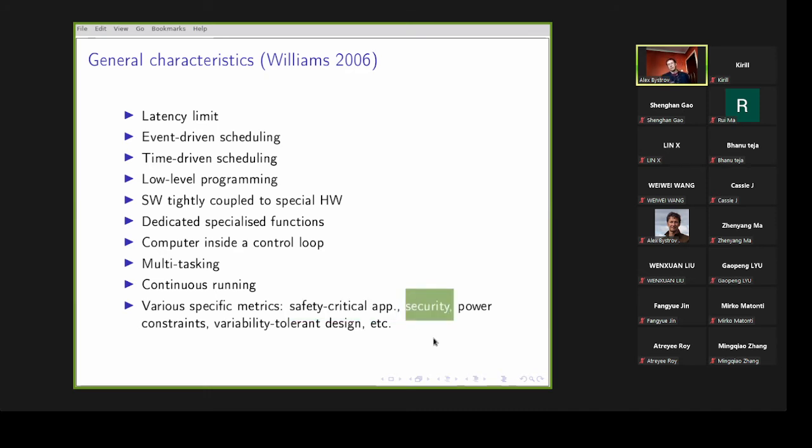Security: as you have, for example, on your mobile phone or computer, HTTPS everywhere, secure protocols, and you have a credit card, bank card, so security is implemented there. Security is very important. Power constraints. Well, power is one aspect of power supply design, by the way. It can be power constraints or energy constraints.